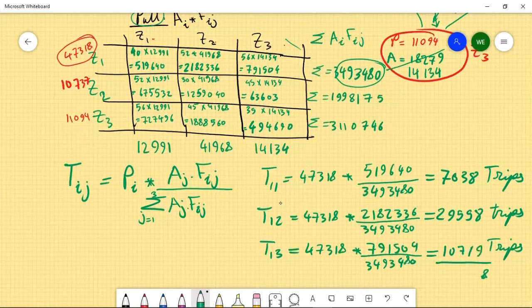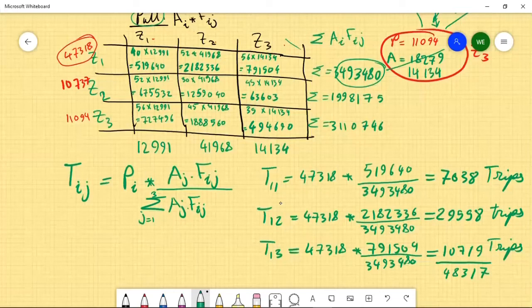Okay, so here we will have 7, and 1, and 3, and 8 and 4.